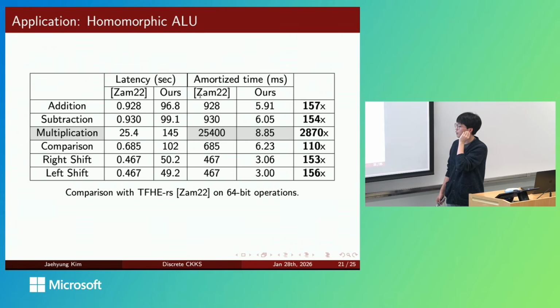What's the intuition for why the amortized latency is much better in your case? So TFHE is a completely different branch I didn't really mention in the talk. CKKS and BFV and these schemes are vectorized schemes.